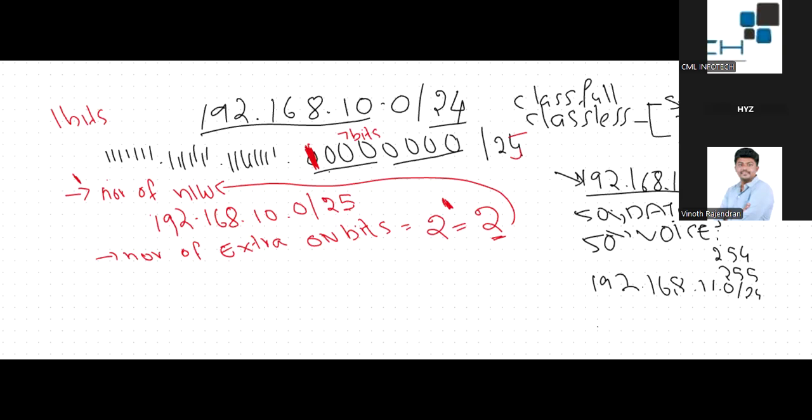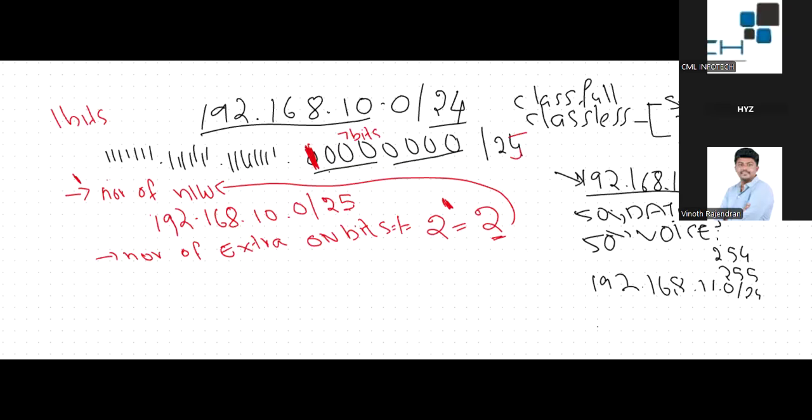When we add 1 bit from host to network, which is called subnetting, the slash value changes from 24 to 25. To identify the number of networks, we use the number of extra bits on, which is 1. So 2 raised to 1 is equal to 2. You're going to get 2 networks. Hope you understand.